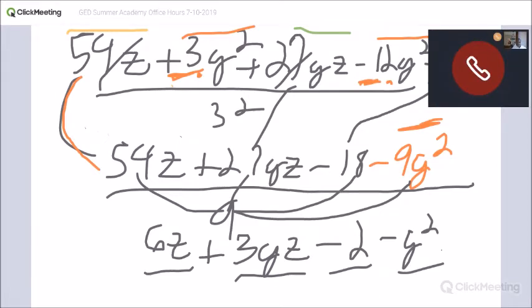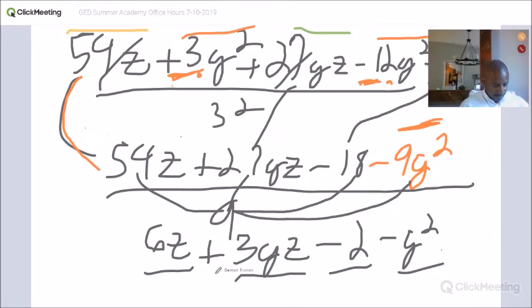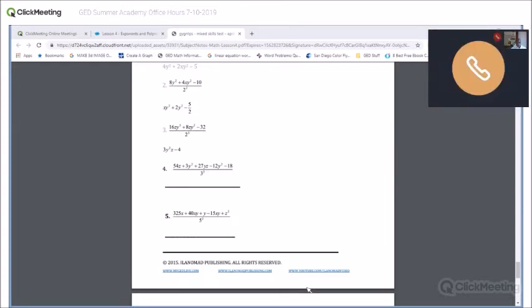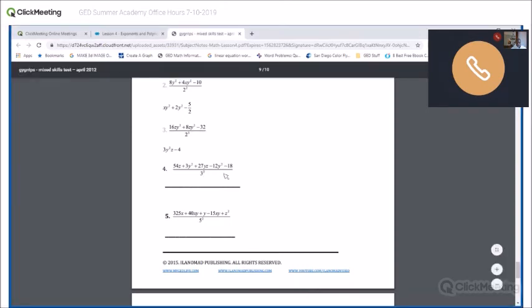Does that make sense now? Yes, it makes sense. On this problem, when they put it in a word problem, is it always expected to be in a triangle or rectangle or something like that? Not just like a problem? Say again? So are these going to be like word problems for me to put the 54z plus 3y squared?